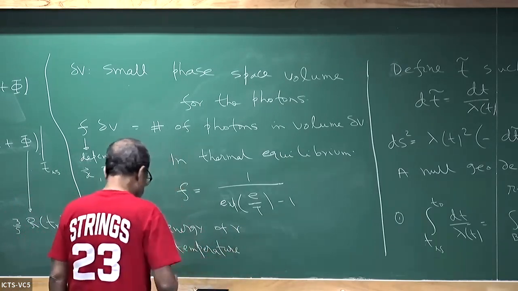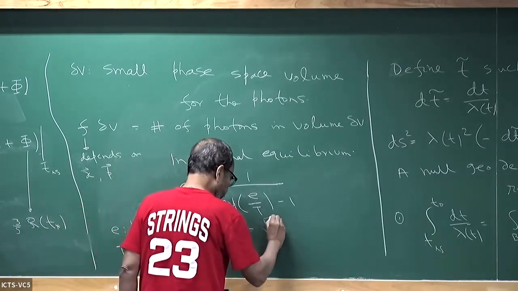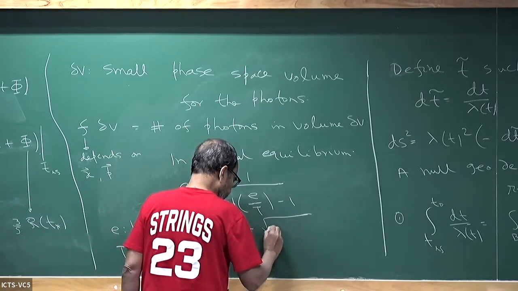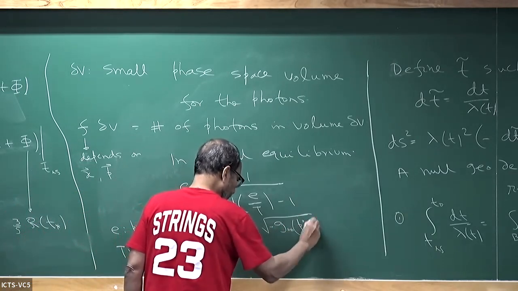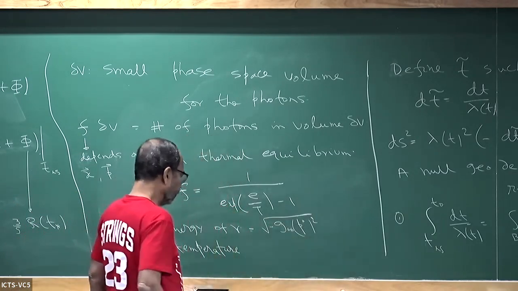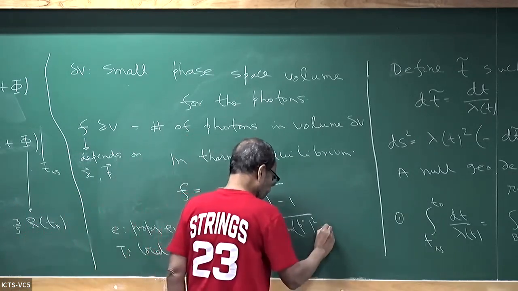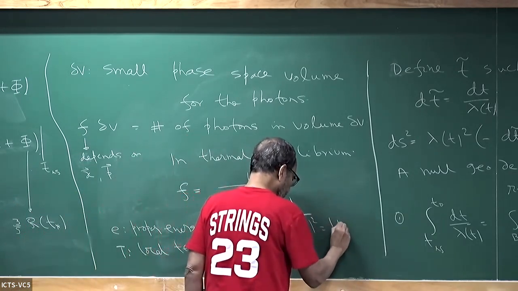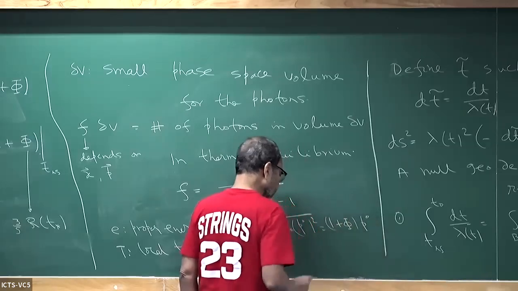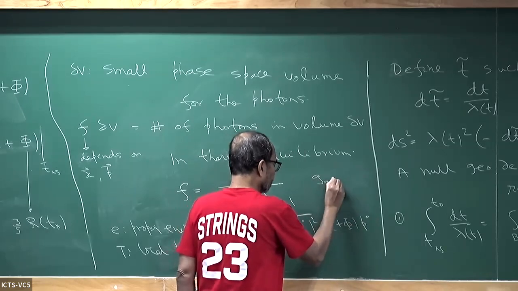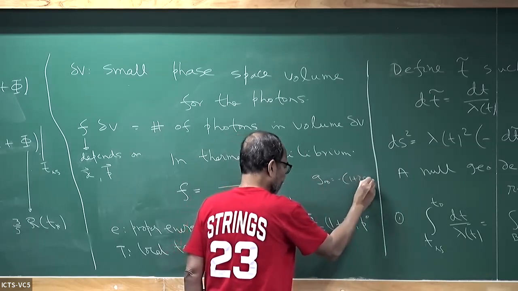So E is basically the square root of minus g naught naught, g naught squared, which for us will be 1 plus phi times p naught, because g naught naught is minus 1 plus 2 phi.